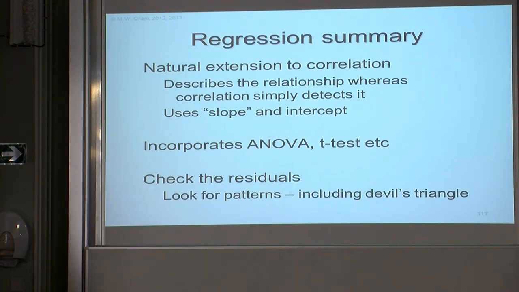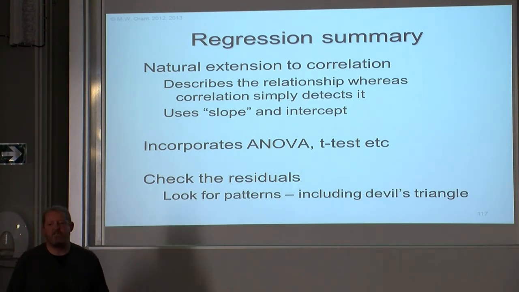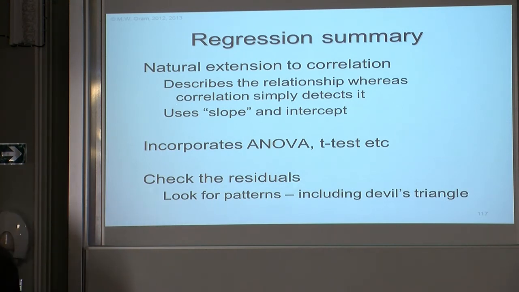Okay, so regression is a natural extension of the correlation, which is an extension of the covariance, the standardized one, and it uses the slope and intercept. ANOVAs, t-tests, all of these things are part of regression, and at least I find it much easier to think about ANOVA as a regression, as how these things vary with each other.